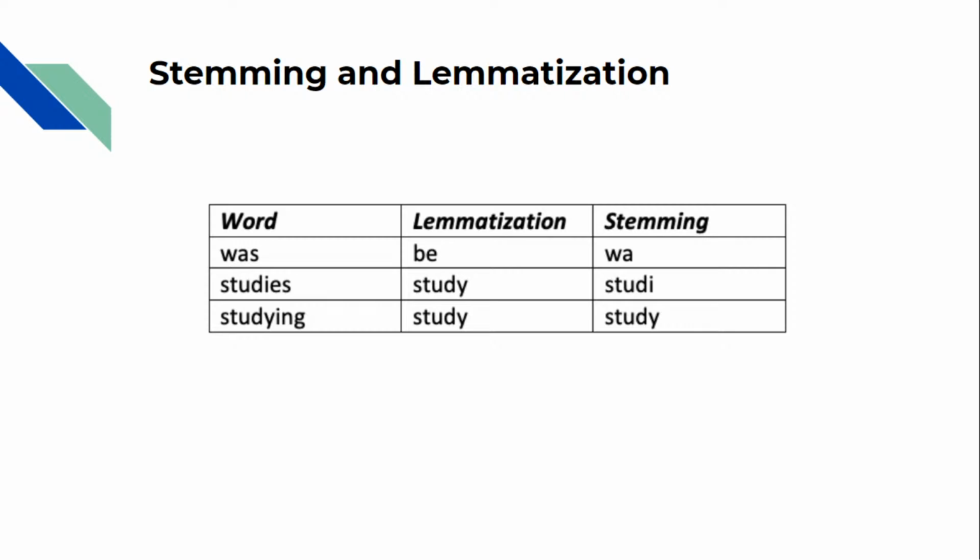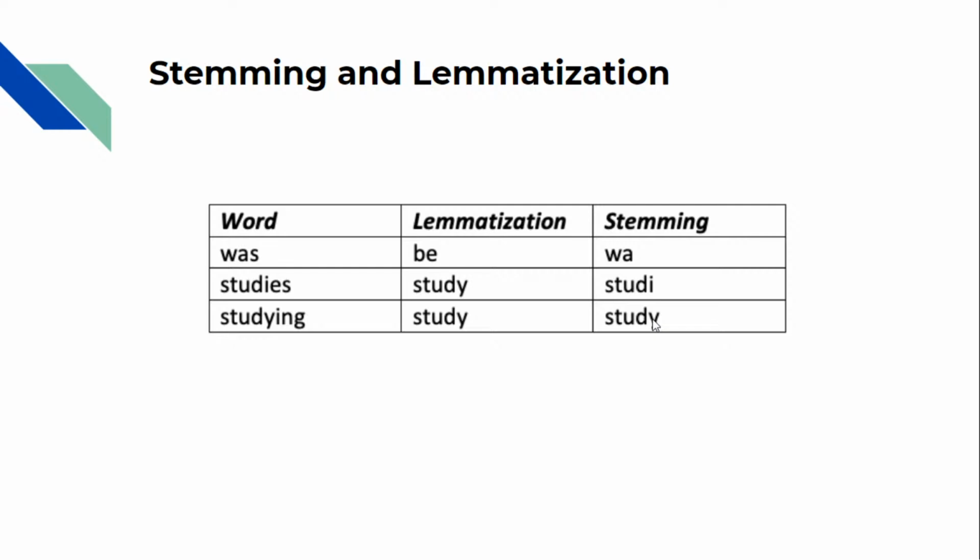If you go for lemmatization, it is going to transform these into the base form. So studies has been transformed into study, and studying has been transformed into study as well. But stemming does not work in that way. What stemming does is it cuts off the last letters. So after stemming, studies becomes S-T-U-D-I, and studying becomes S-T-U-D-Y only.